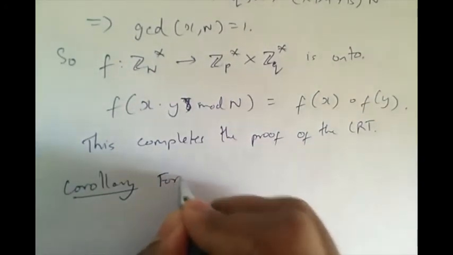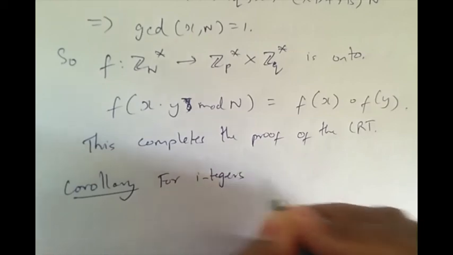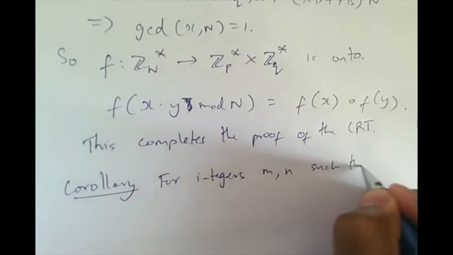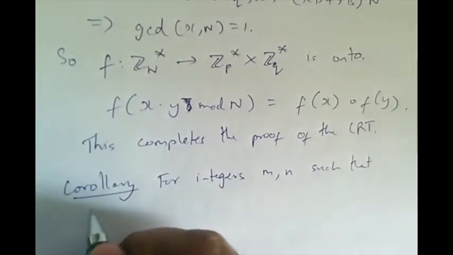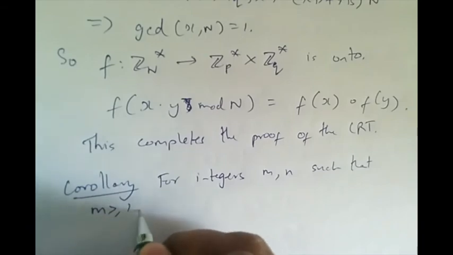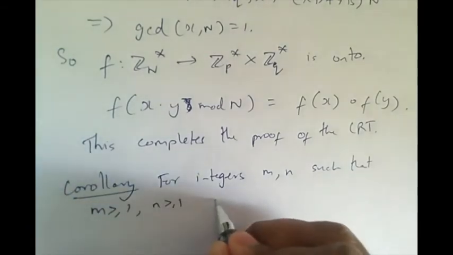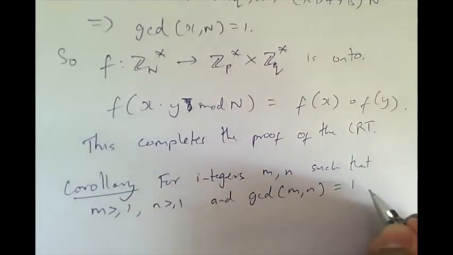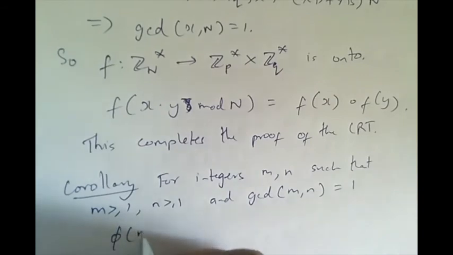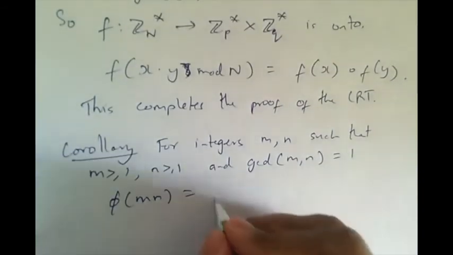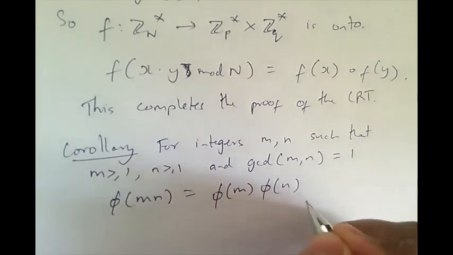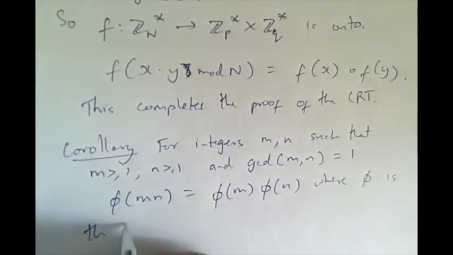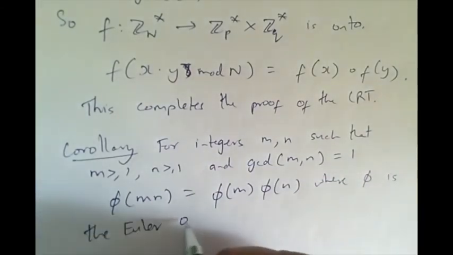So for integers m and n, such that m greater than or equal to 1, n greater than or equal to 1, and GCD of m, n is 1, phi of m times n is equal to phi of m into phi of n, where phi is the Euler phi function.